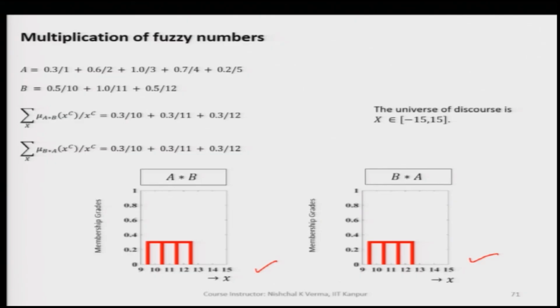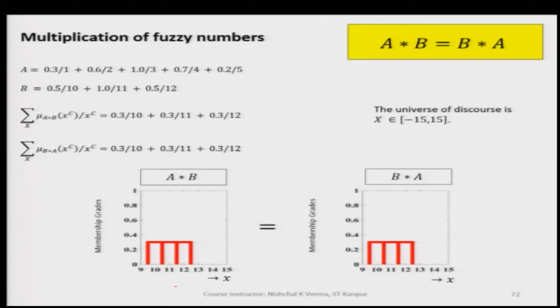That is why only a few terms are included within the universe of discourse and in fuzzy set C. You can see how these two look within the universe of discourse minus 15, 15.